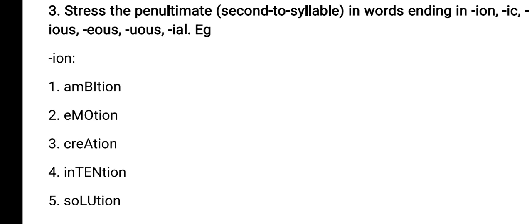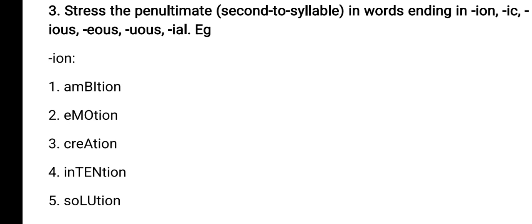The stress must be second to last. Ambition, emotion, creation, intention, solution, criterion, communication. You see now, I said I will come back to communication. As far as communication ends in I-O-N, the stress should be on the second to last syllable.